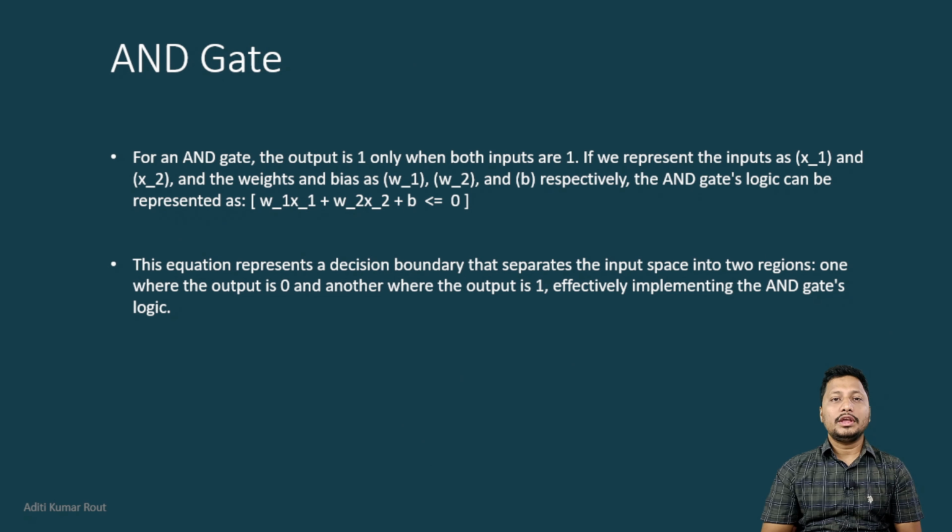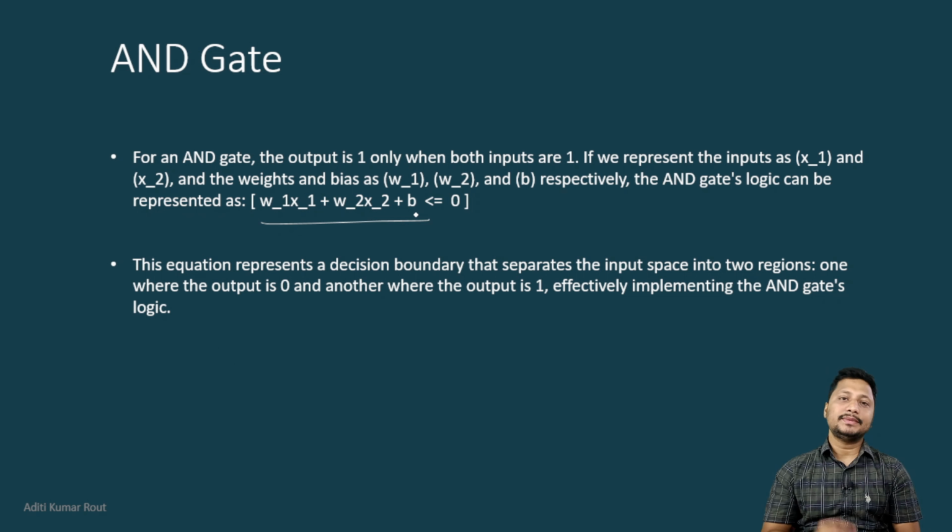If I am talking about the AND gate, I have taken the example here of two inputs and one bias, and we will have an output. There is an equation written here, w1 x1 plus w2 x2 plus b less than or equal to 0.